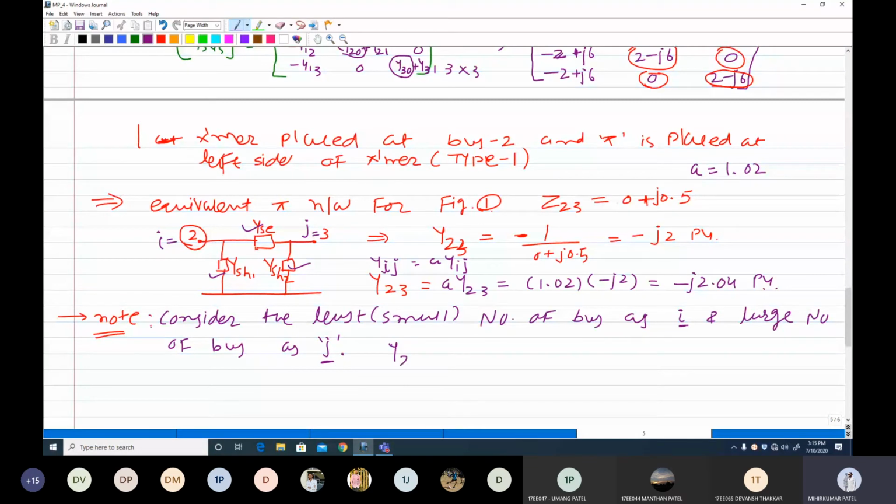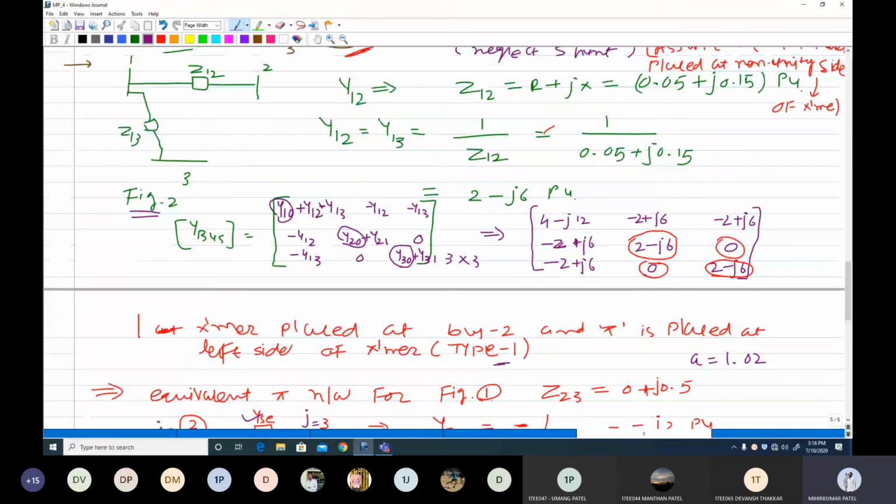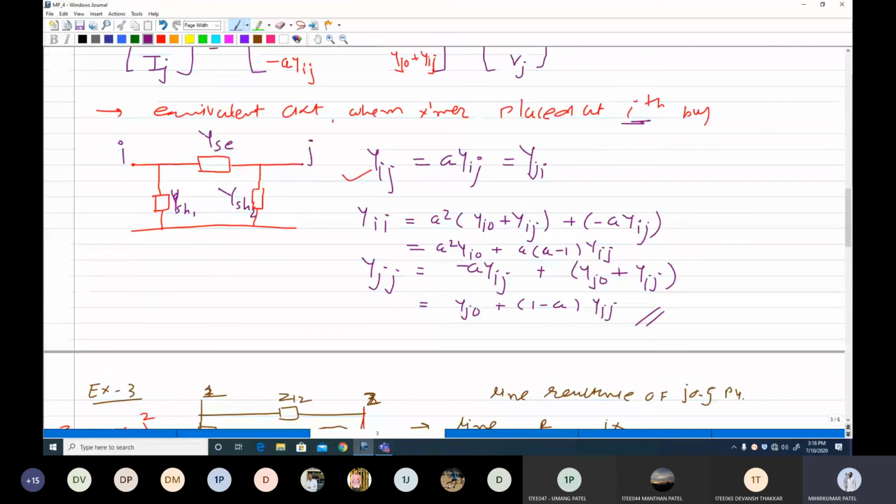The first one is YII, or we can say Y22. So what is the equation for Y22 or YII, for a type 1 transformer placed at this ith bus? Just see the theory if you don't get it.